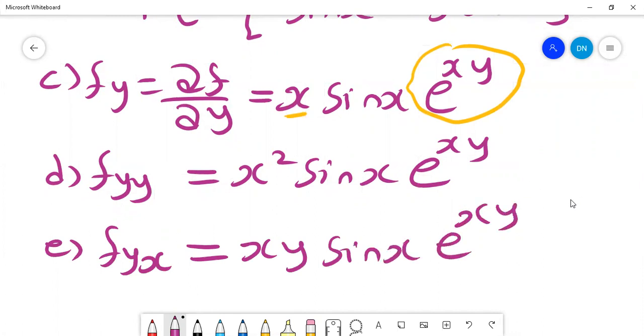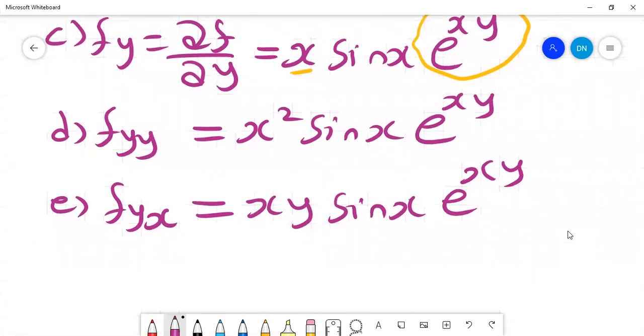Now, maybe most of you are asking, why is it the case? Remember, when you're differentiating the exponential, you differentiate the power and then you put it on the side. And that's what we normally do. Maybe I'll develop more videos on the normal full differentiation in calculus that we normally have.